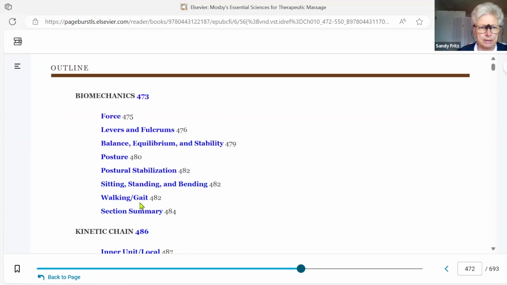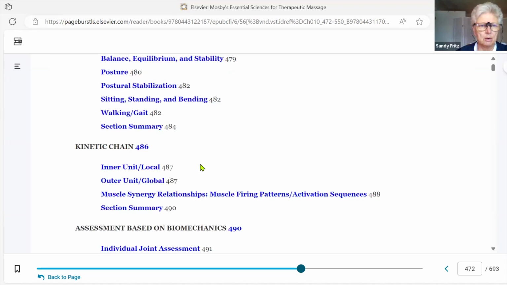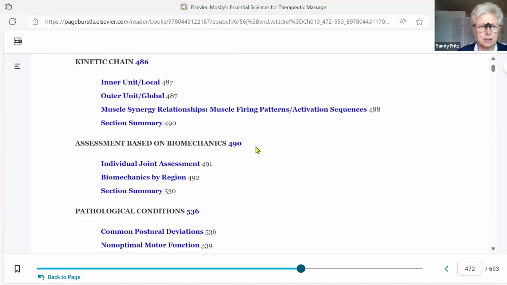For example, here, walking and gait or posture, and what's postural stabilization. We also talk more about the kinetic chain, those muscle synergistic relationships, activation sequences, and then a really beneficial segment right here on assessment based on biomechanics.